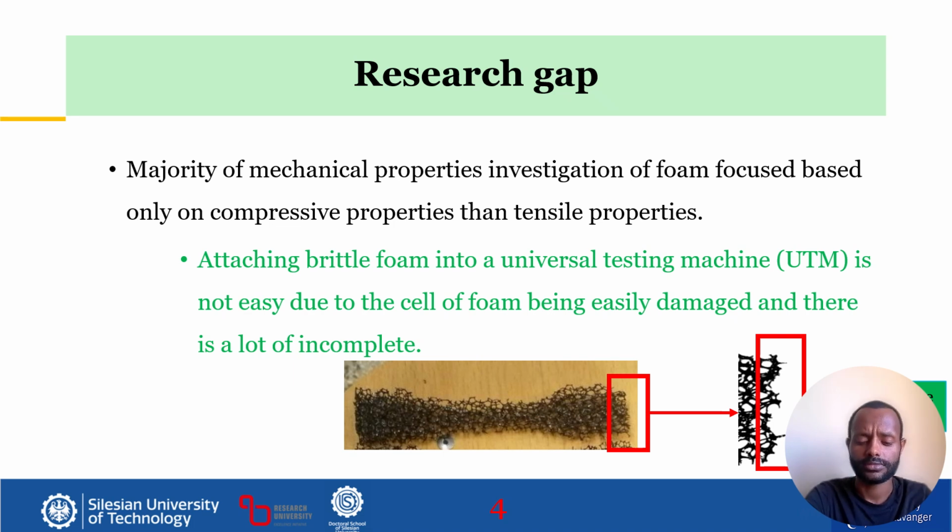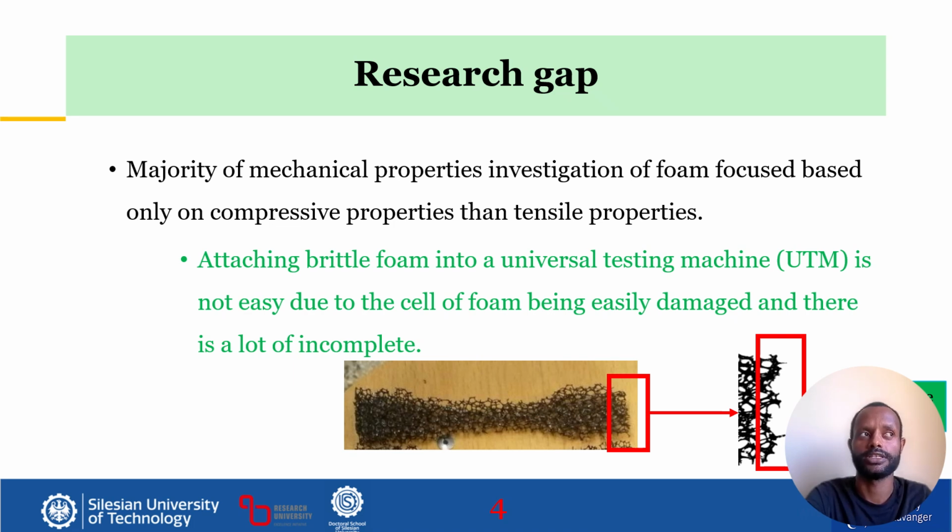So the main challenge in investigating these tensile properties, as you see from this diagram, is that the end of this sample is full of incomplete edges. This makes it difficult to attach it to the universal testing machine.